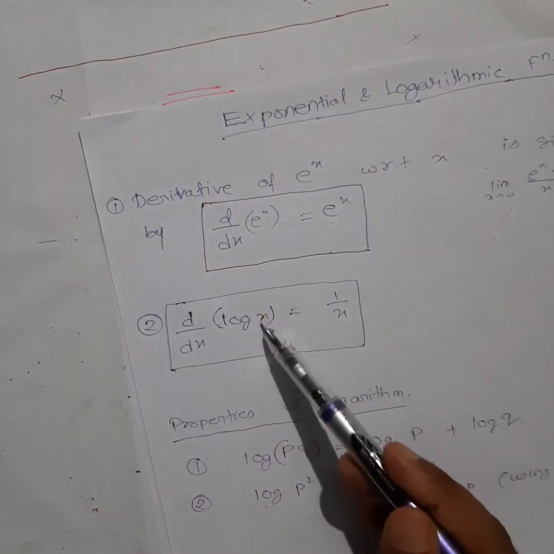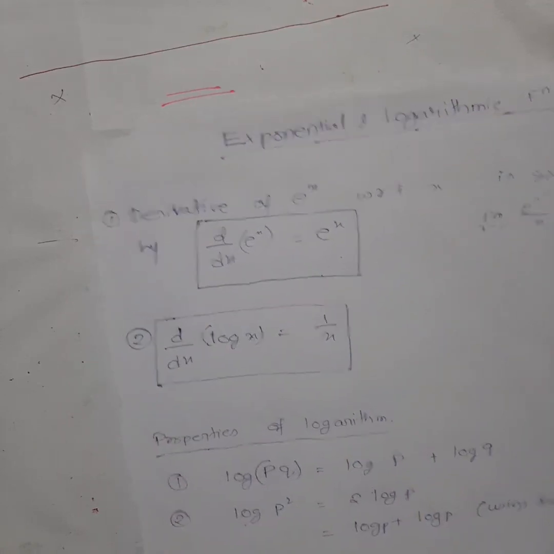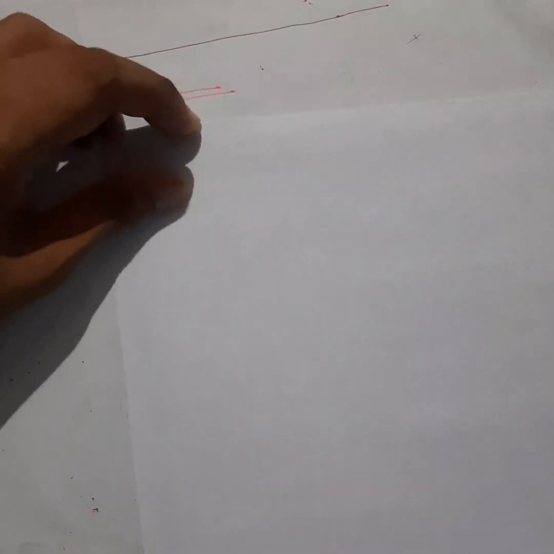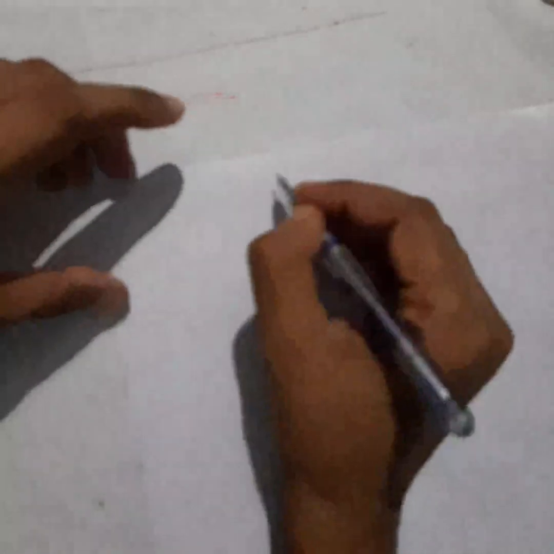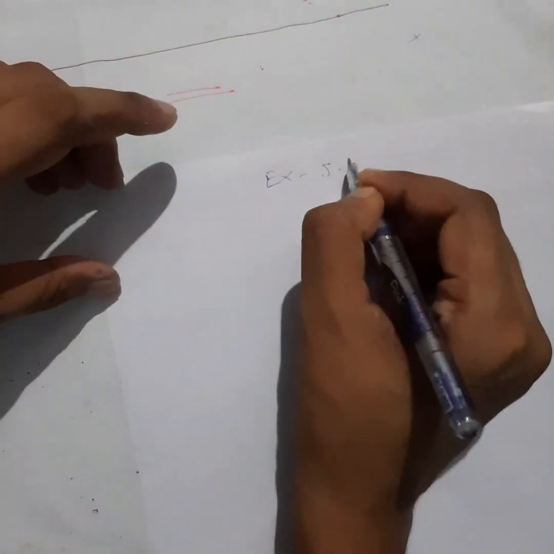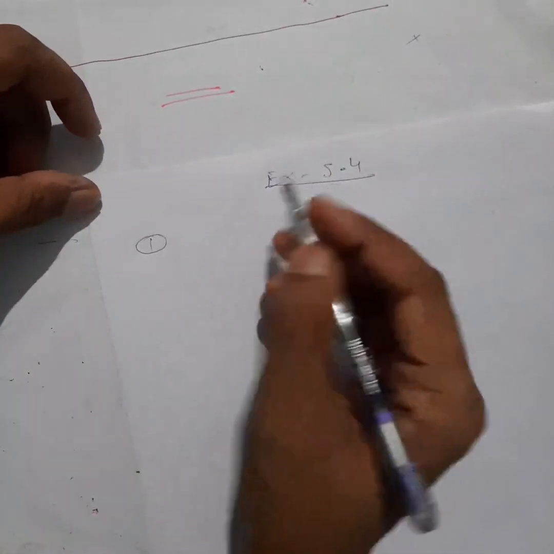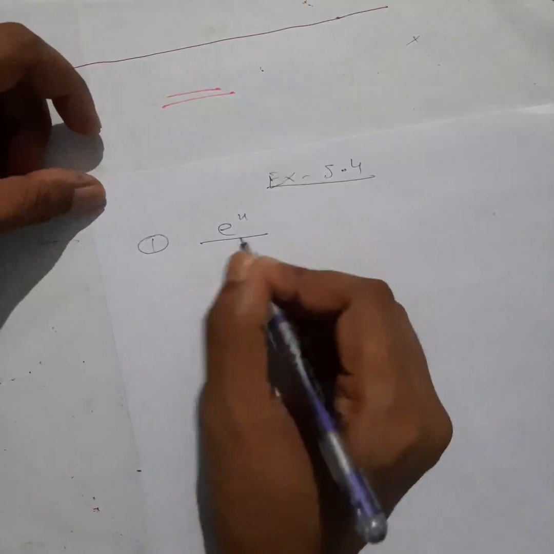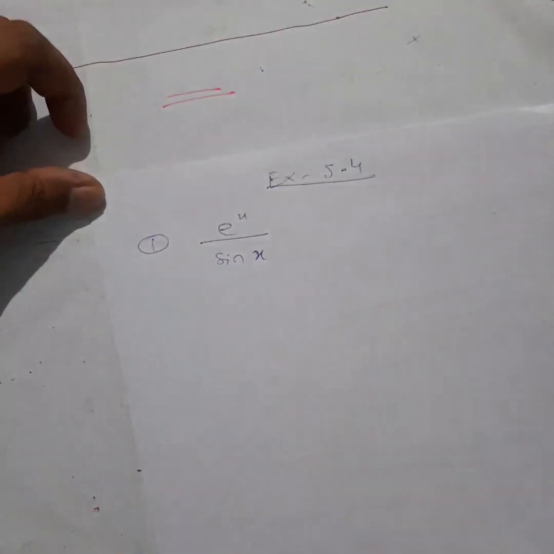So we will try to solve some questions from your exercise 5.4. Exercise 5.4, question number 1, what does it say? Very simple proof, like previously we have solved, same way we will prove here also. The only thing is, this time it will be exponential and logarithmic functions.